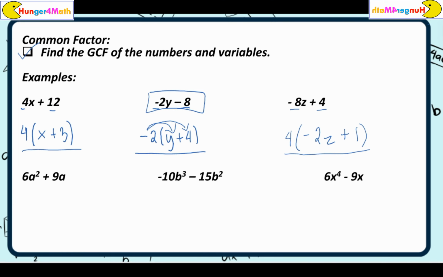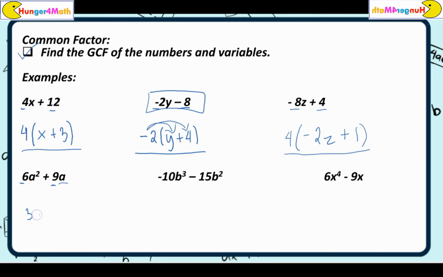Next, we have 6a squared plus 9a. Let's get the GCF of 6 and 9, and that is 3. Both terms have a variable, so we can factor out the a. In terms of factoring, we have to get the variable with the lowest exponent, and that is a.